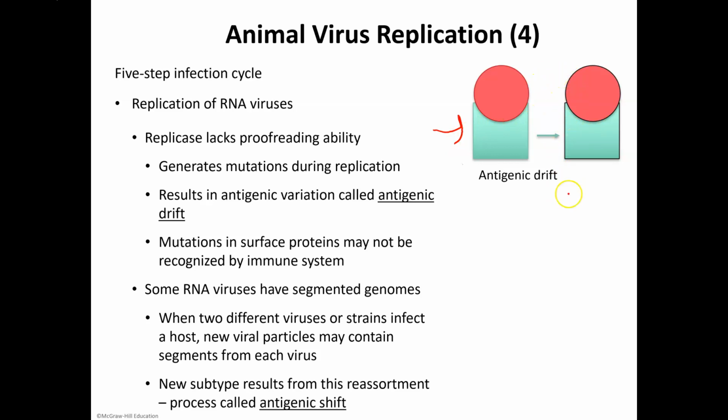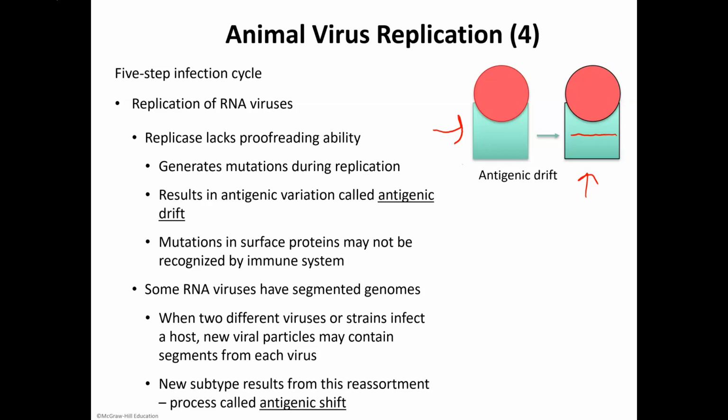The immune system will eventually be able to recognize this, but it will take a little bit of time. So it'd be like having this with a line on it. It's the same structure, but now there's something different. The immune system is going to look at it and say, wait, is that the same thing or is it not?